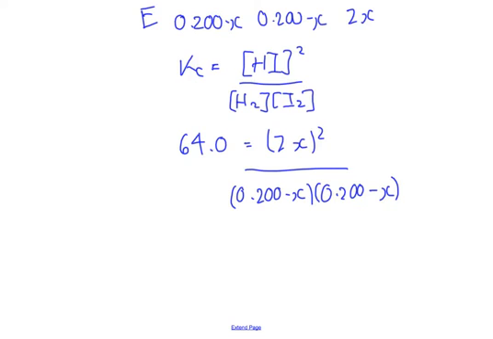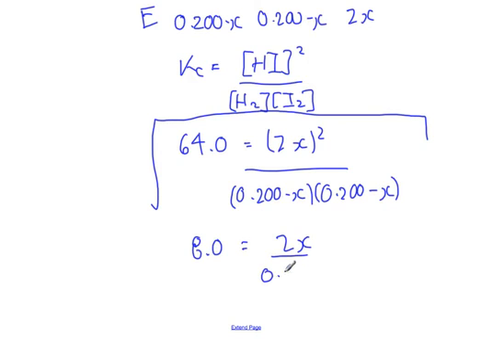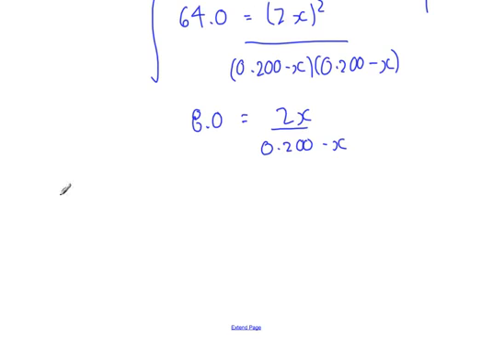Well, once again, we have a perfect square. Take the square root of both sides. So again, we look for that perfect square. We have it. 8.0 equals 2x divided by 0.200 minus x. And we solve for x again. And when we solve for x in this case, we come up with x equaling 0.160.